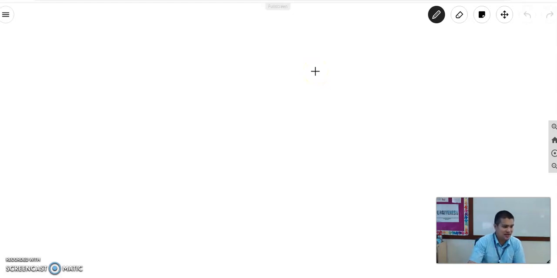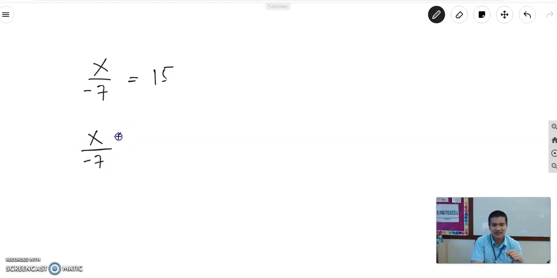For example, we have x over negative 7 equals 15. Here we have a fraction, so to make this a whole number, we multiply both sides by negative 7. So we have x over negative 7 times negative 7 equals 15 times negative 7.